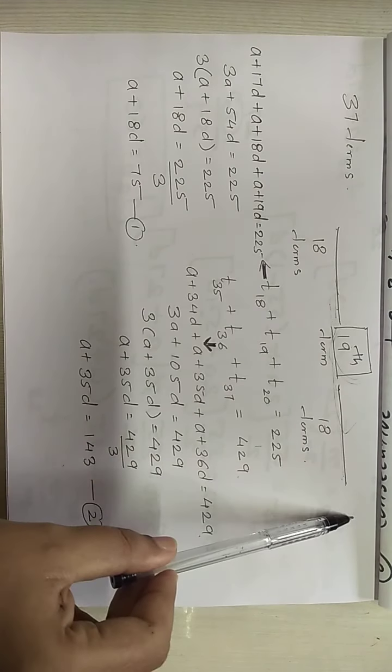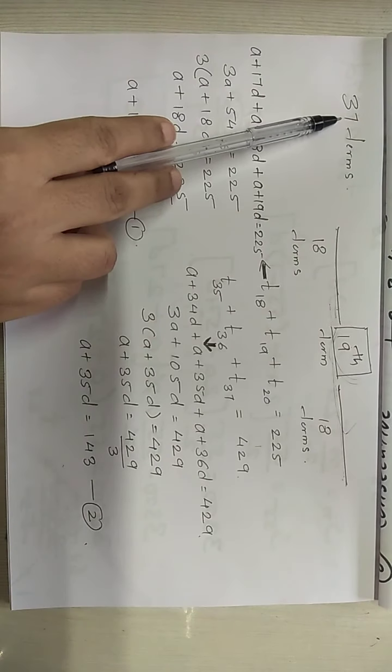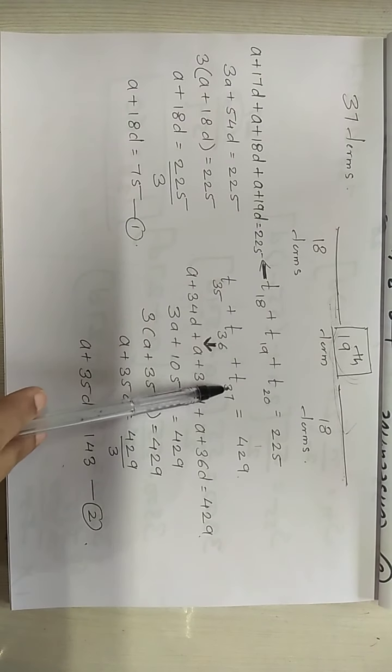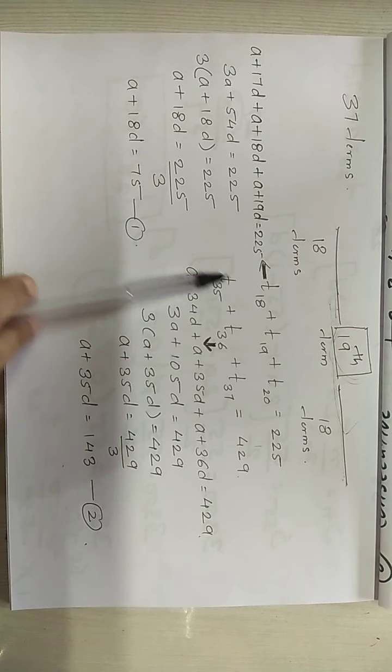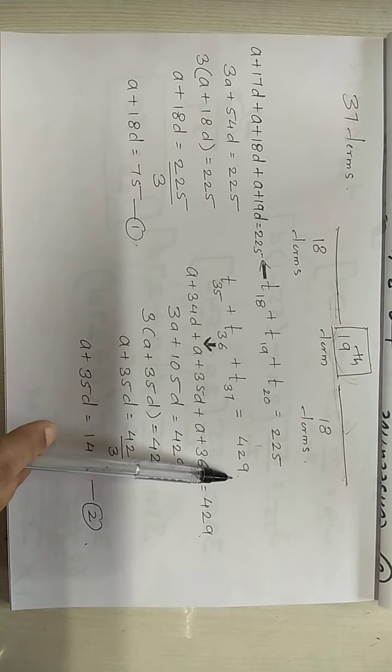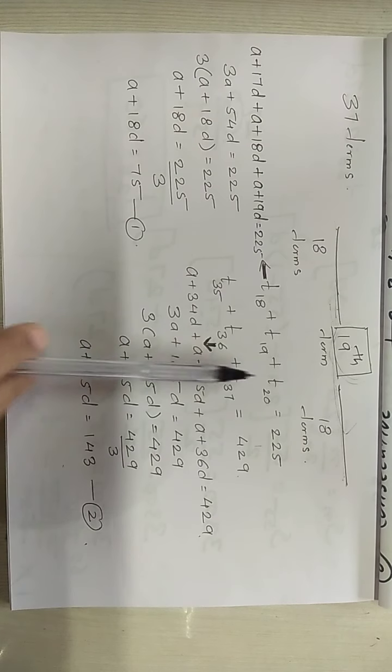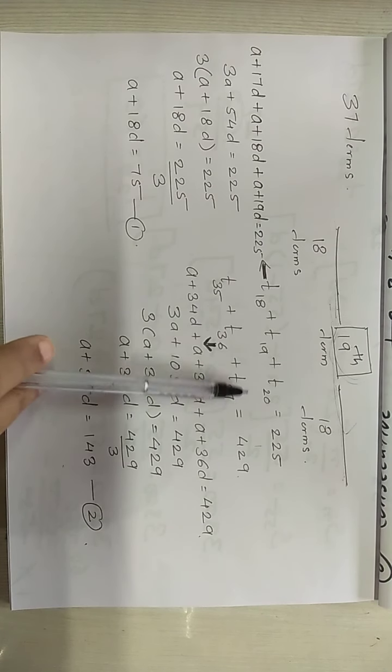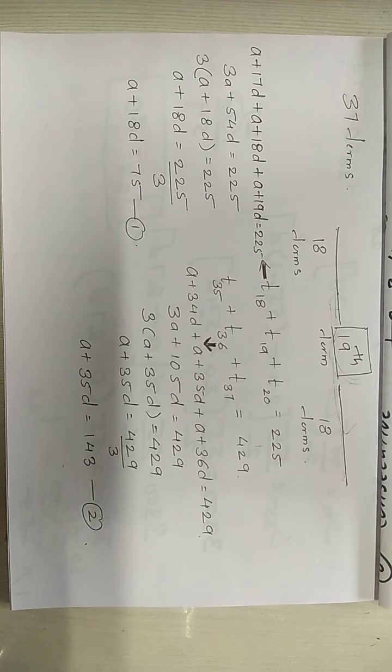There are a total of 37 terms, right? So 37 is the last, and the last 3 terms will be the 35th, 36th and 37th. So these last 3 terms total 429. So this is the first condition and this is the second condition. Now we have to solve these 2 conditions and get the AP.